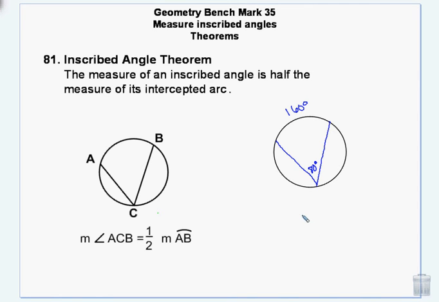It's half. Yeah. And then if you have another circle and I have another angle coming out, and I know that this angle is, say, 45 degrees, well, then this would be 90.